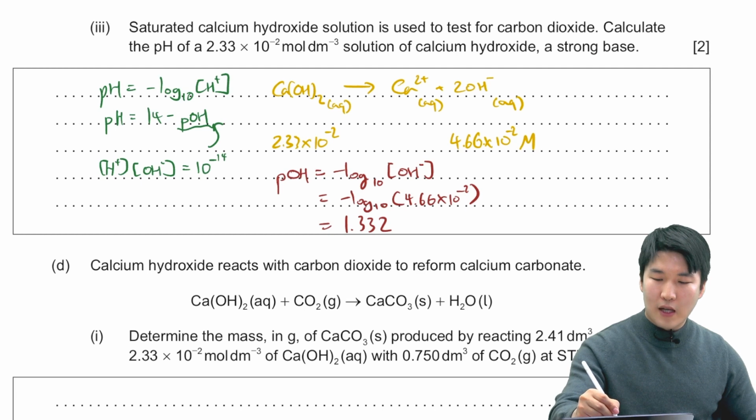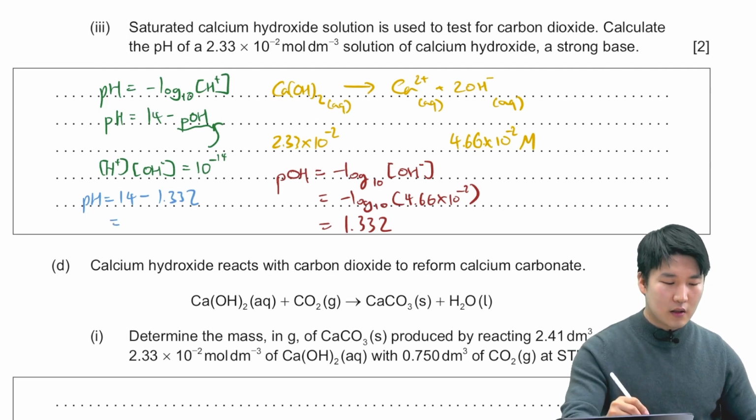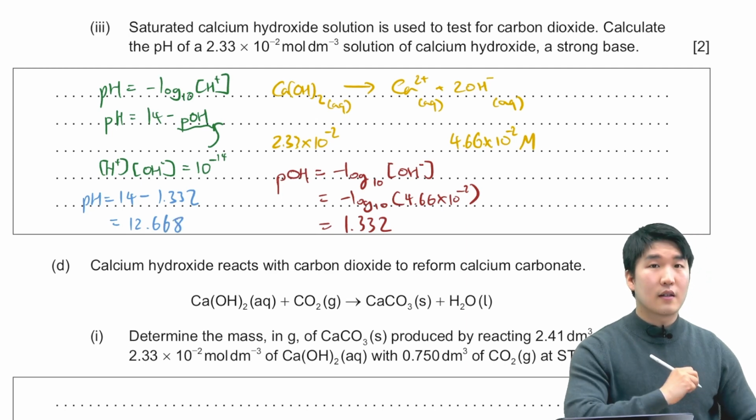Now, back to the question. To work out pH, we'll have to use pH equals 14 minus 1.332, meaning our answer would be 12.668.